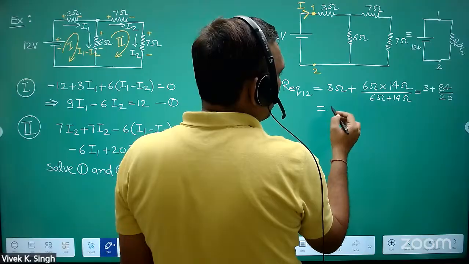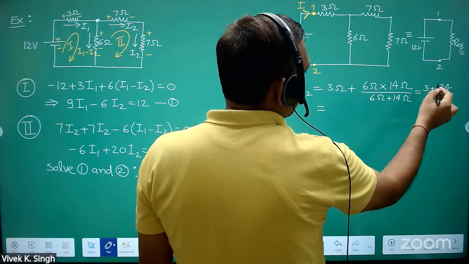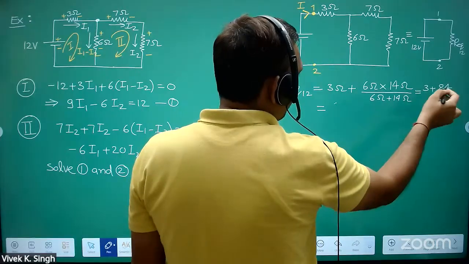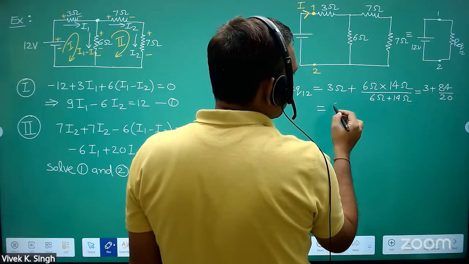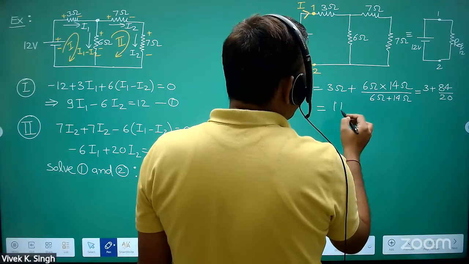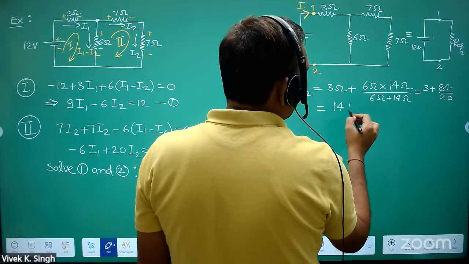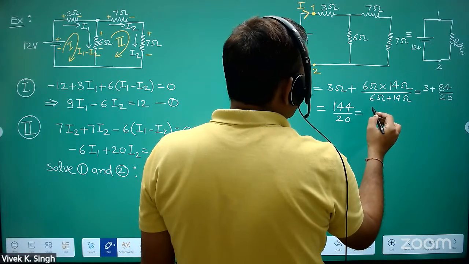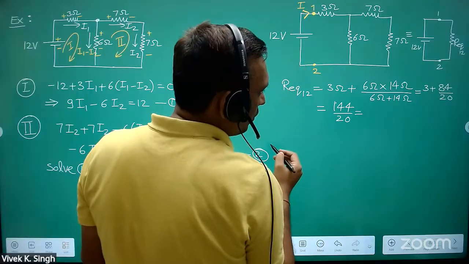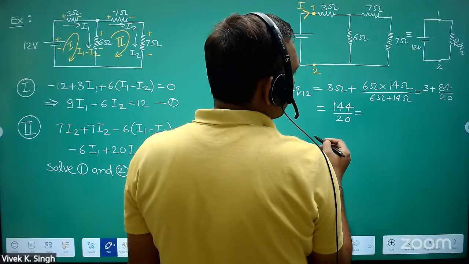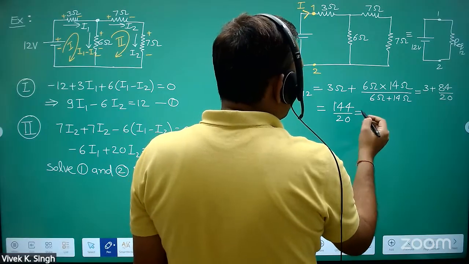So what will be the equivalent resistance? 3 plus 84 by 20 is 144 by 20, no? Yes or no? So what will be this value?